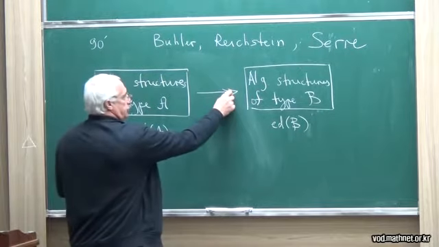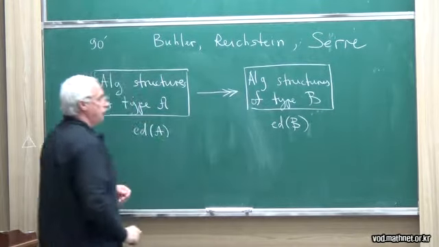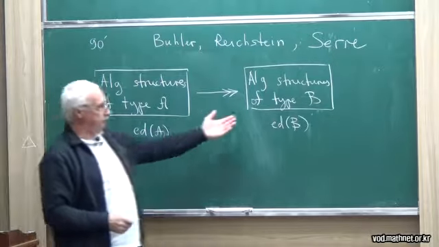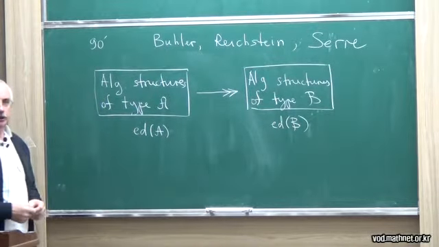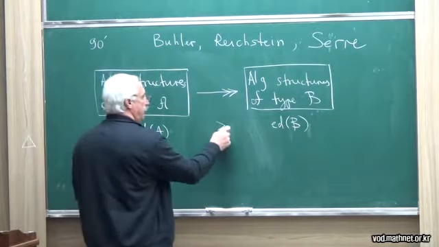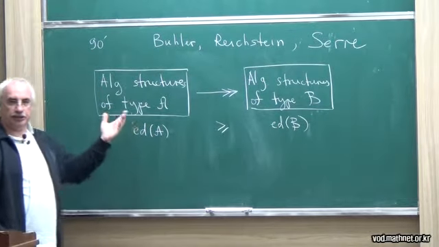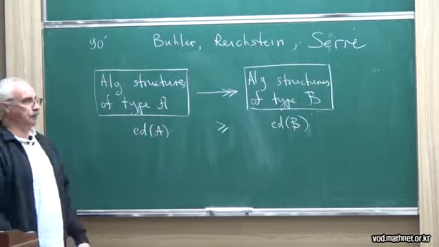Suppose that this map is surjective, so every structure of type B comes from some structure of type A. In this case, we will have the inequality: the first structure is more complex than the second one.